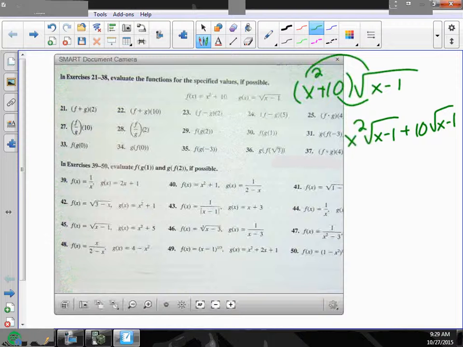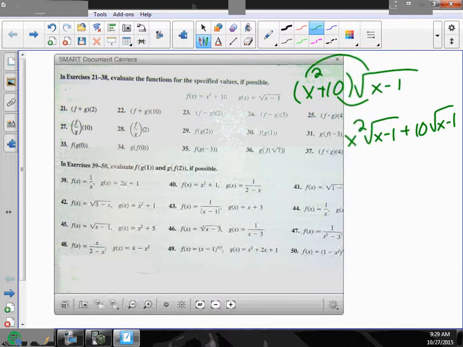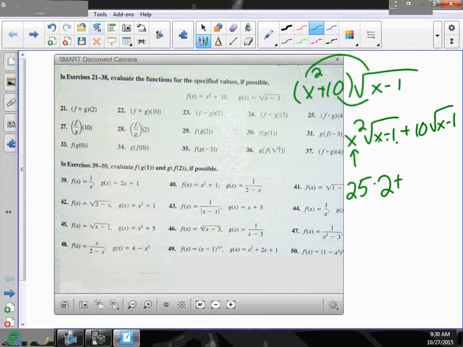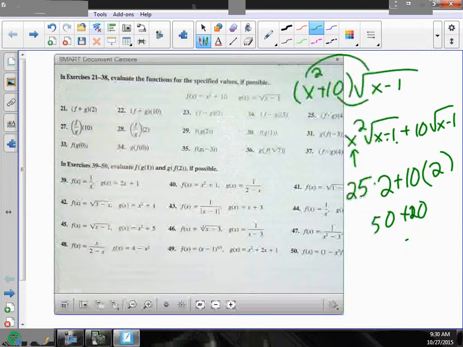Now I need to plug in 5. 25 times 5 minus 1 is 4, and the square root of 4 is 2, plus 10 times 5 minus 1 is 4, square root of 4 is 2. So 50 plus 20 is 70.